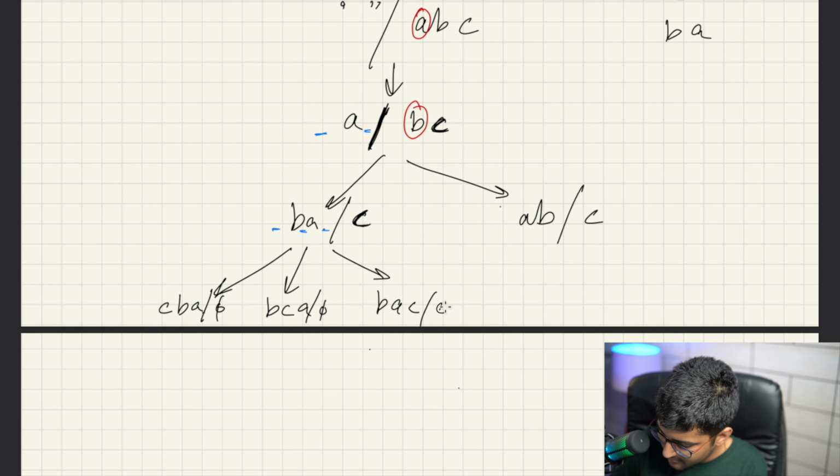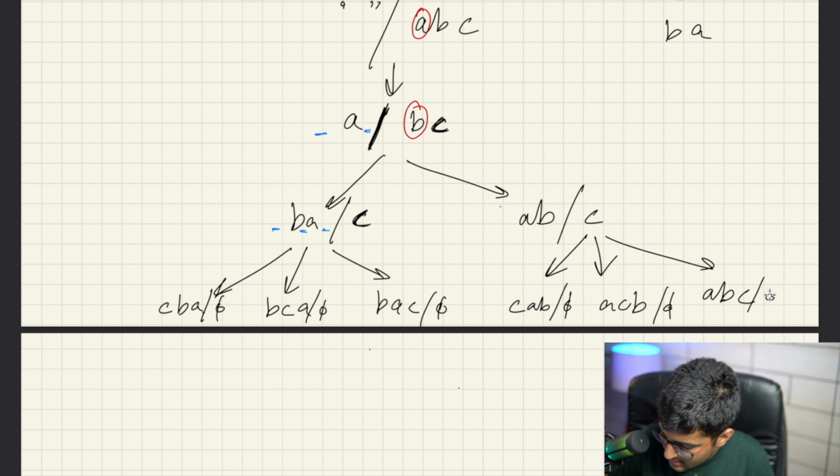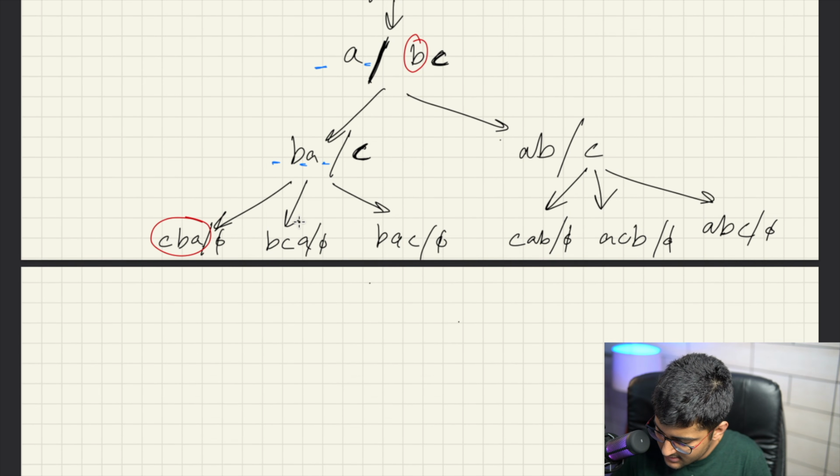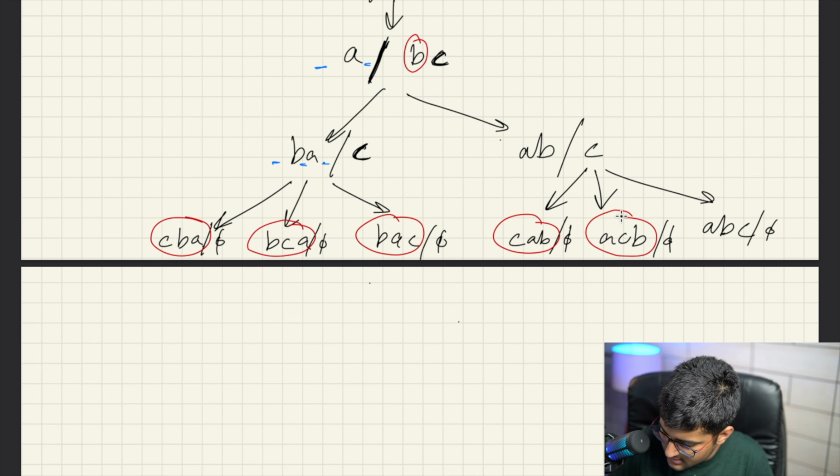Unprocessed is empty now. Similarly, this will be CAB, ACB and ABC. Whenever unprocessed is empty, I have found my answer. So what are all my answers? This, this, this, this, this and this.